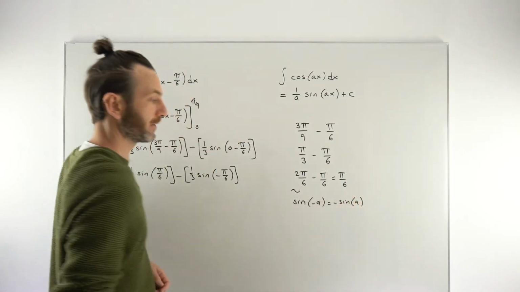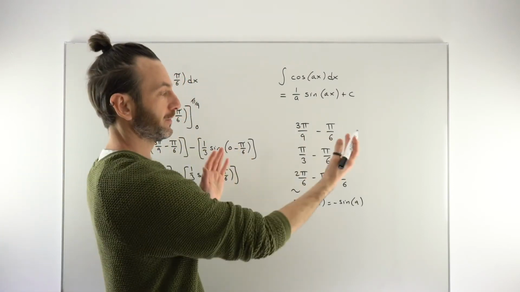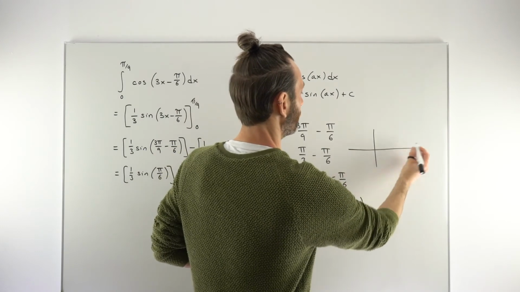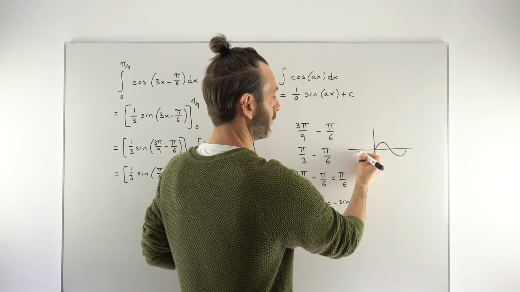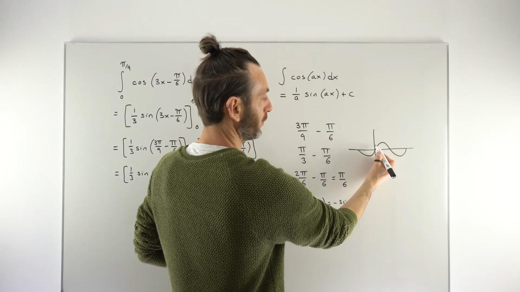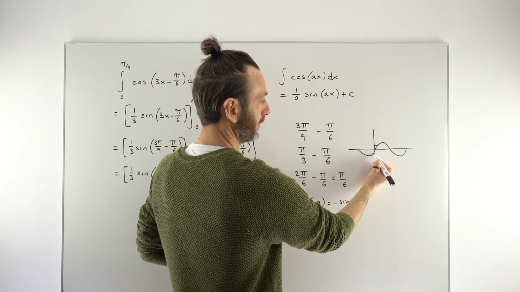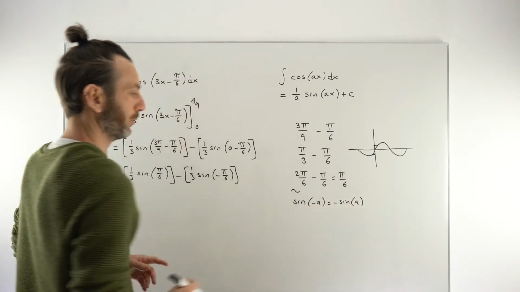And you can think about that from the symmetry of the graph. If you draw a sine graph and think about how the values go in the positive and the negative direction, so we normally draw our sine graph going forward like this, but it also goes back the same way, with the same values. So if you've got a value up here, there's a corresponding value for that back the way down here, and that's reflected in this little formula.